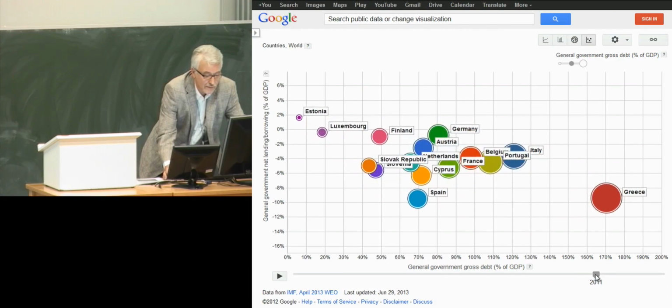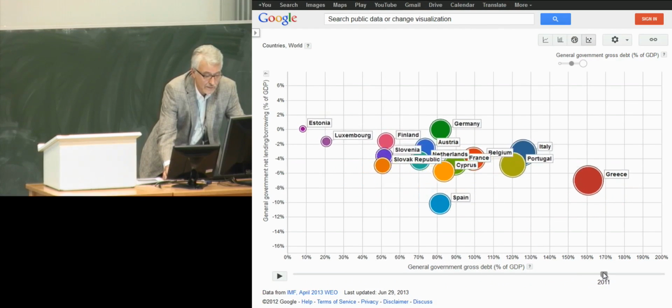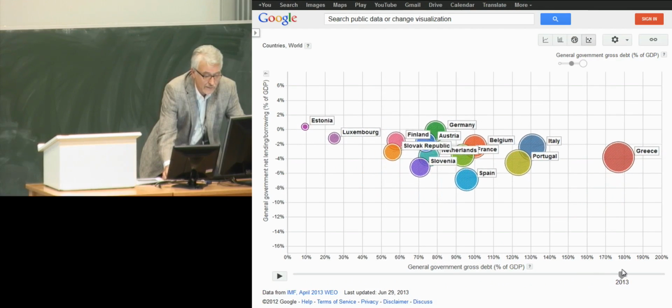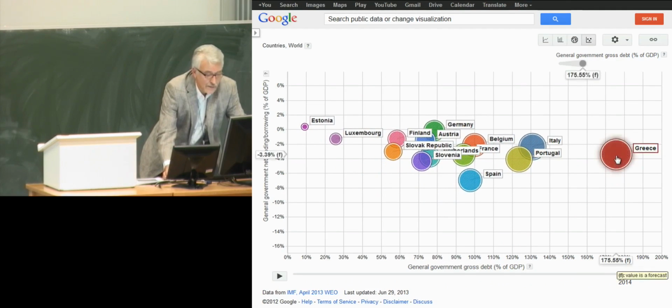So in 2014, this year, Greece is among these countries the one with the highest government gross debt burdens and a country with high borrowing per year.